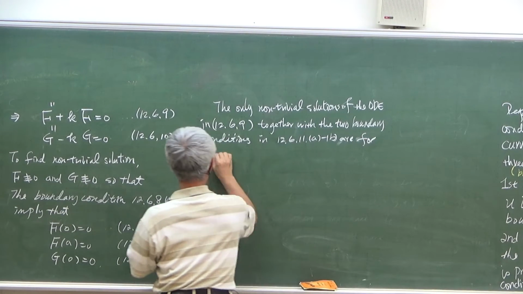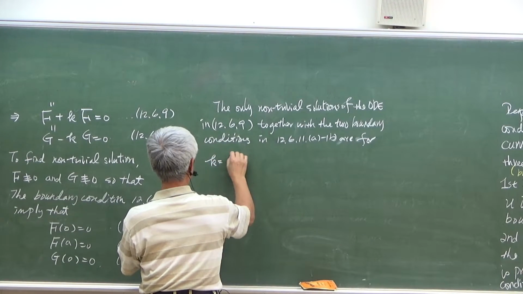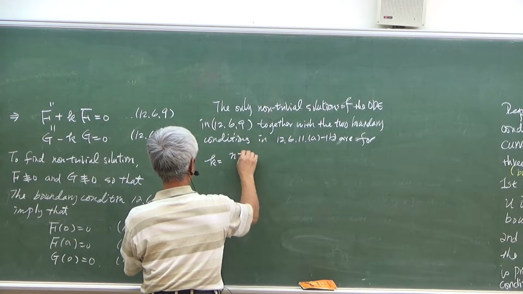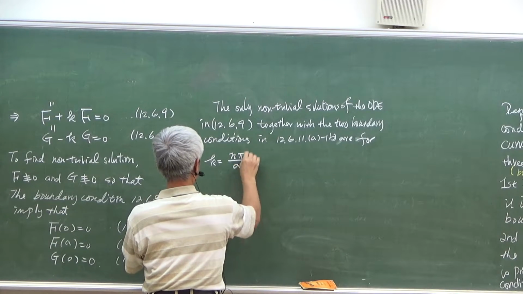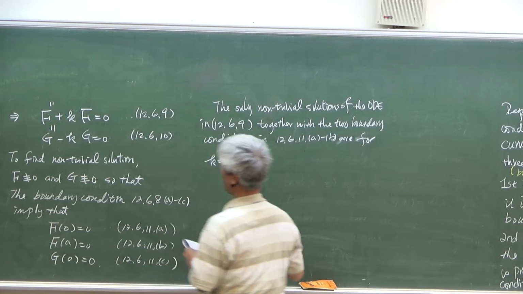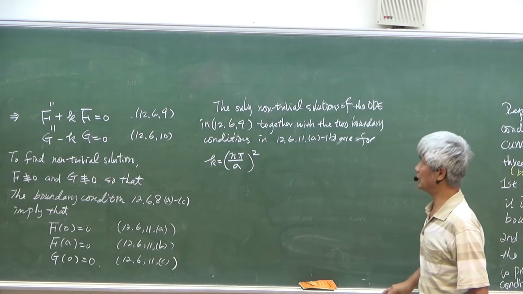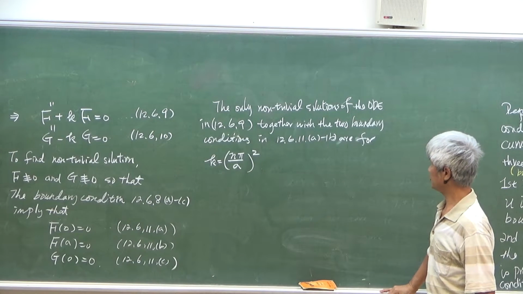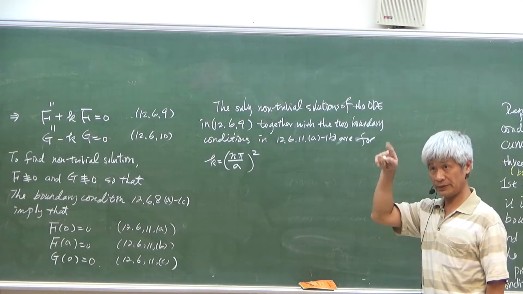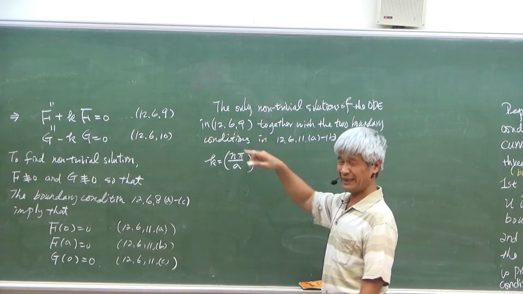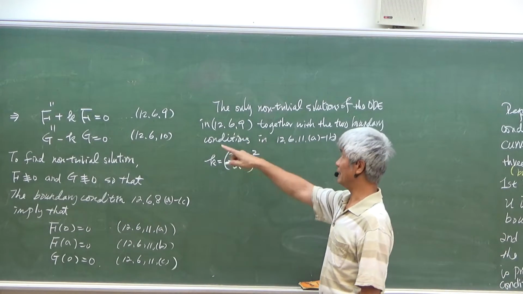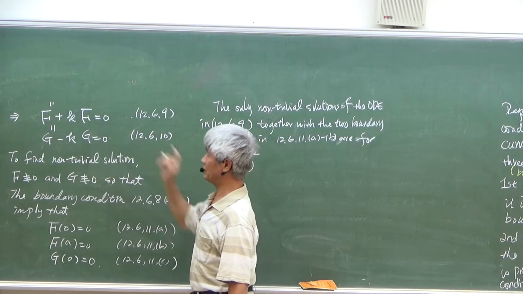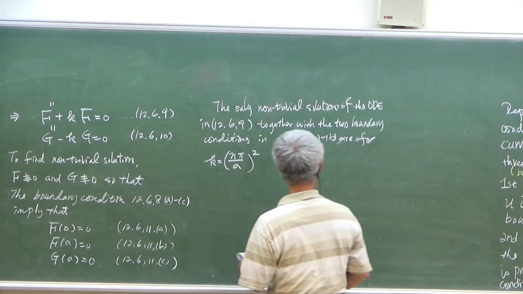for k equal to n squared. Okay, so we have the experience before. This kind of ODE appears again and again.